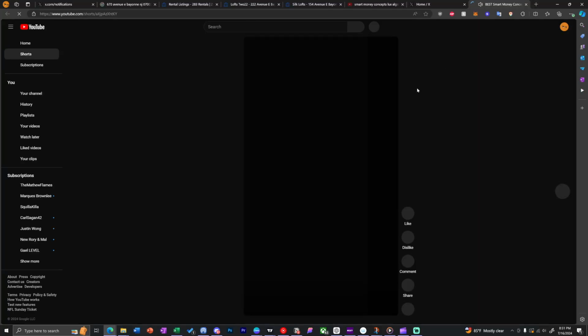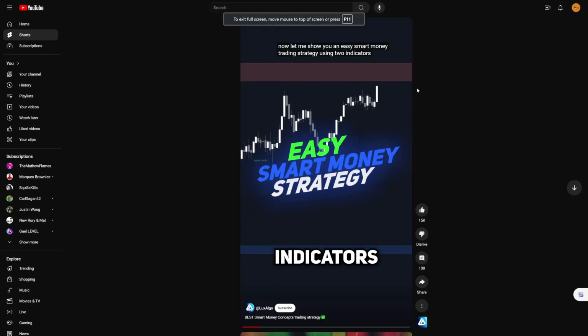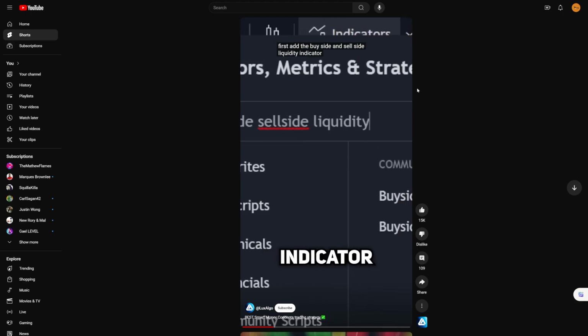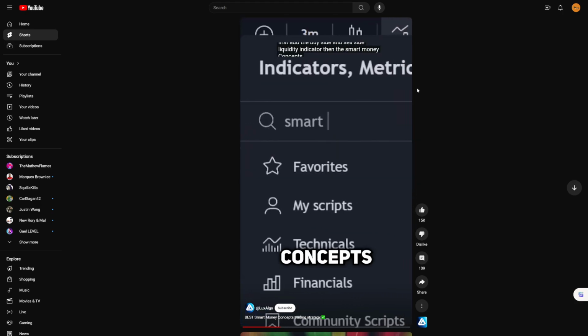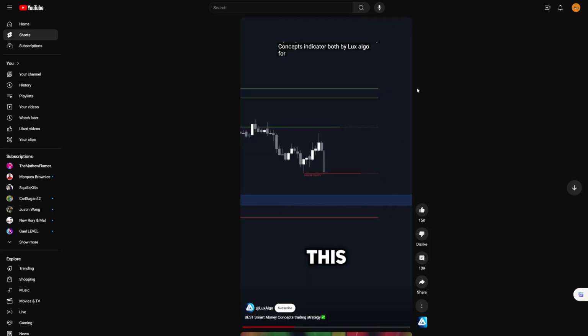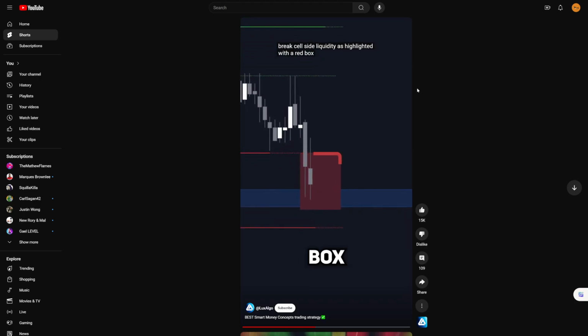Now let me show you an easy smart money trading strategy using 2 indicators. First, add the buy side and sell side liquidity indicator, then the smart money concepts indicator, both by LuxAlgo. For this strategy, look for price to break sell side liquidity as highlighted with a red box.